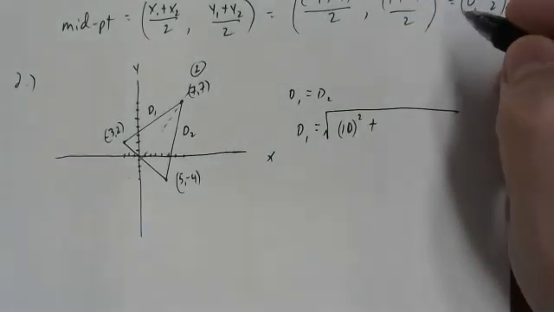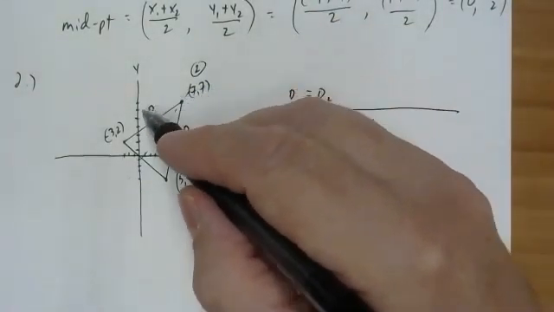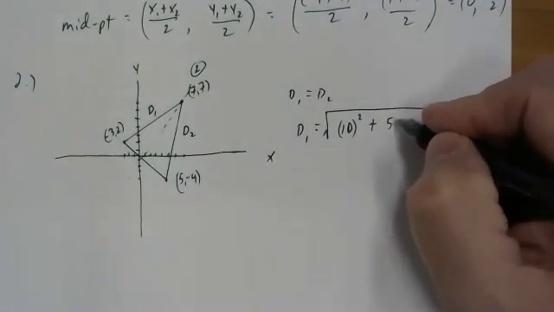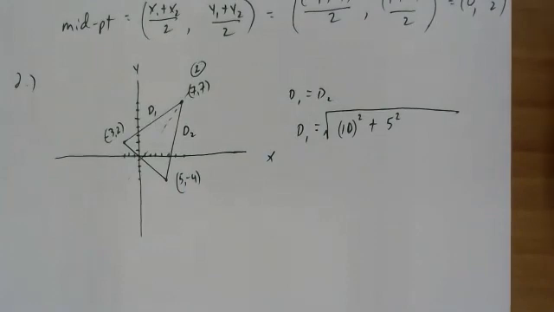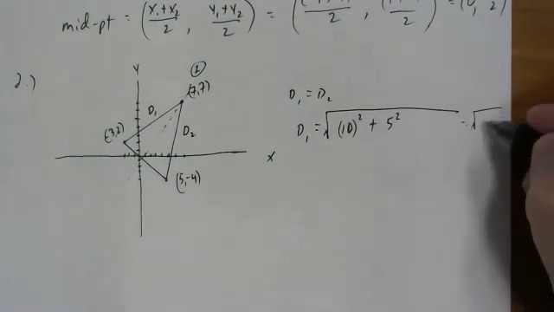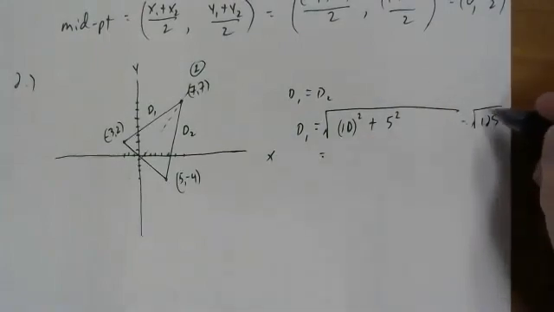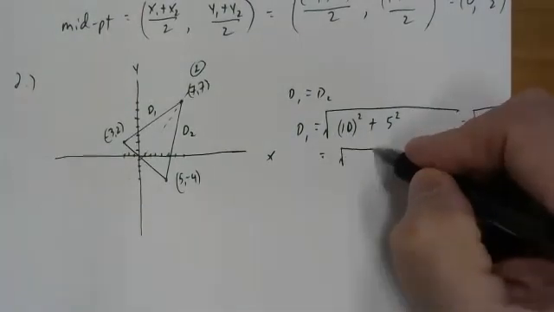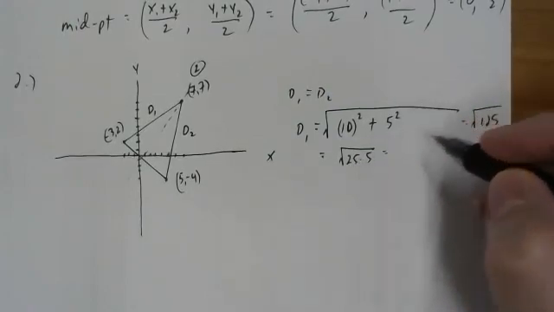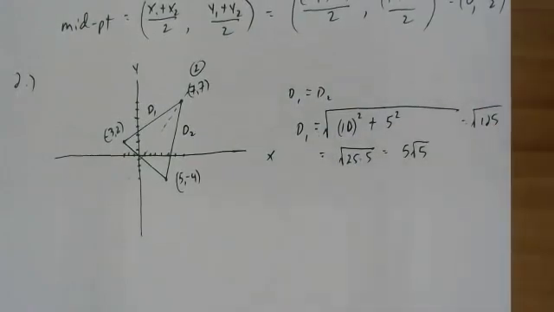Sorry, 7 minus 2 is 5. Plus 25, which is 125, and this actually simplifies. Hopefully you can remember how to simplify. This is 25 times 5. Square root of 25 is 5. So D1 is 5 square root of 5.